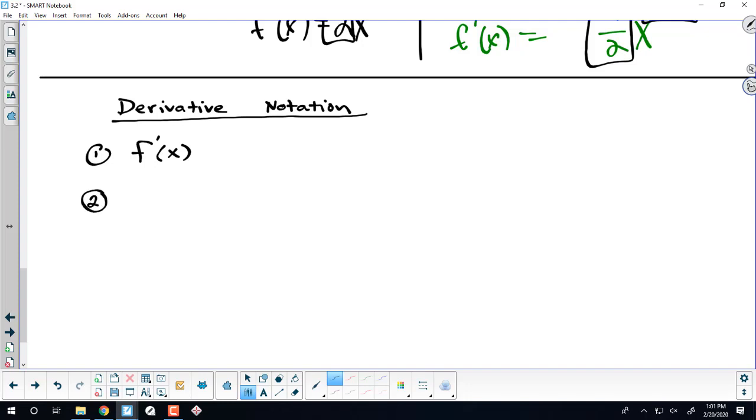Another one is dy over dx. So that's also acceptable notation for f prime. And when we write dy dx, it does give us an indication of what the derivative is. This d we're just going to think of as a tiny change in the y over a tiny change in the x.